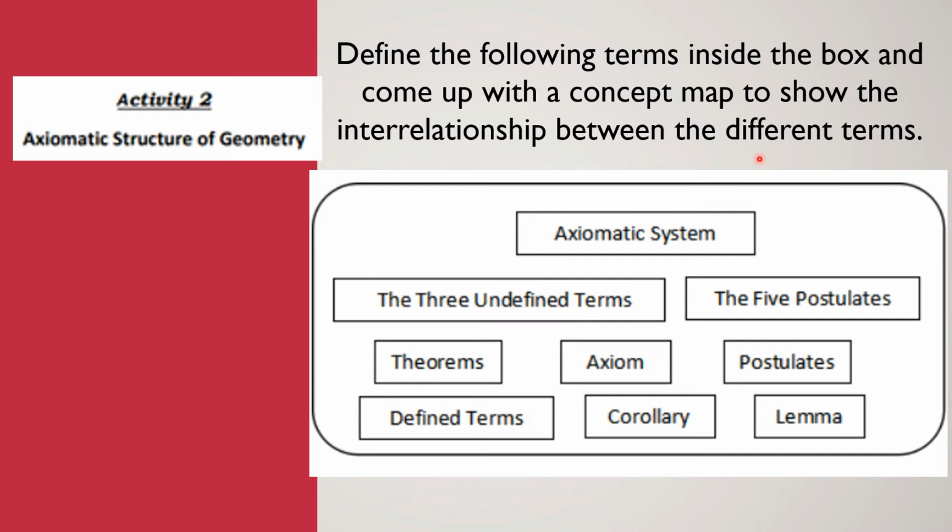Define the following terms inside the box. You are going to define these terms in your own words, and then come up with a concept map to show the interrelationship between the different terms, based on your own definitions.